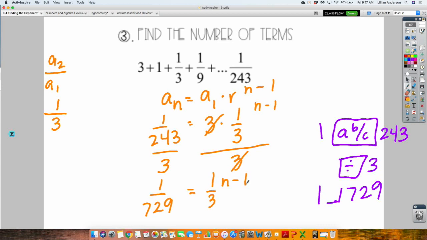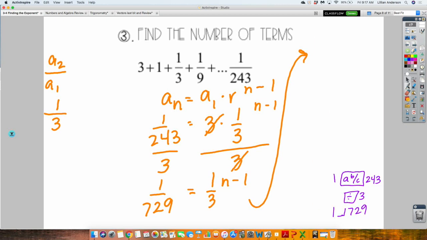So now we can go ahead and do our logs. So it's going to be log of 1 over 729 divided by the log of 1/3. So we got to work backwards. 1 over 729 log divided by 1/3 log equals n minus 1.